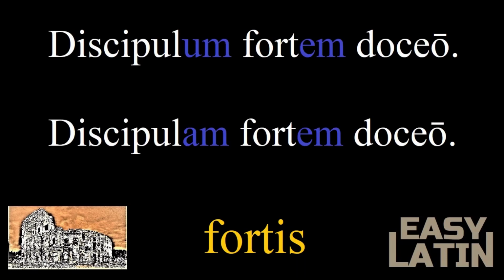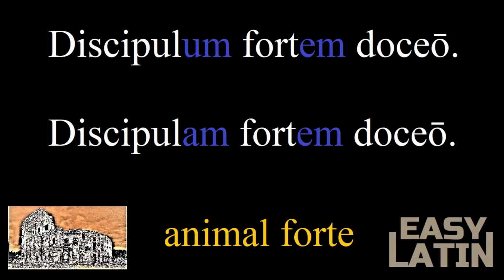Discipulum fortem doceo, or discipulam fortem doceo. It declines the same for masculine and feminine nouns. For third declension adjectives, we don't need to worry about gender except when we have a neuter noun. For example, animal forte. This is the only case where we don't have an M. That's one thing to watch out for.